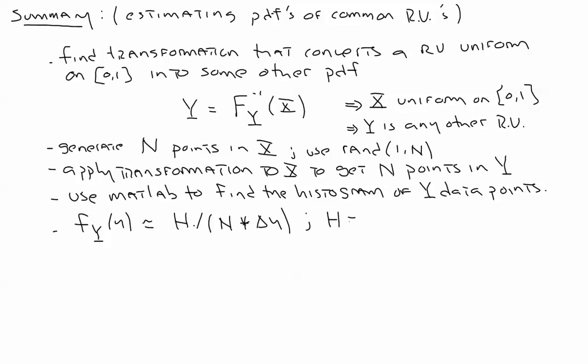H is my histogram vector. I'll have M points in H, each centered at a bin. Delta y is my bin spacing.